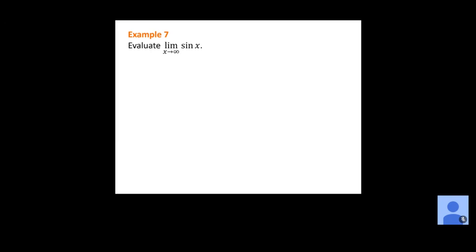So does the sine curve, in terms of its y values, go towards infinity as you go towards infinity to the right? Right. So as x approaches infinity out here, I want to know what's happening to the y value. It doesn't, right?